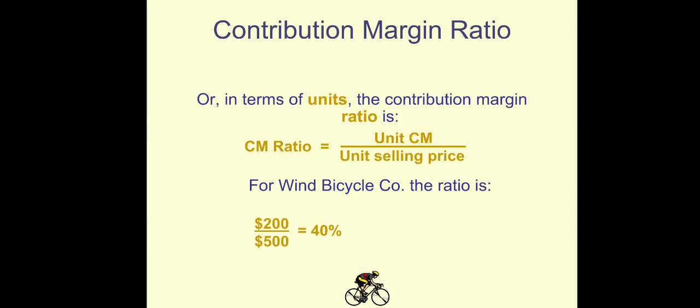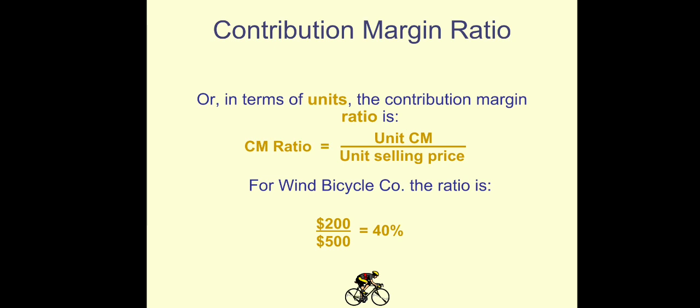The second method is to use unit data. The formula is contribution margin ratio equals unit contribution margin divided by the selling price. I think this is easier. You just collect the unit data. For the bicycle company, the unit contribution margin is $200.